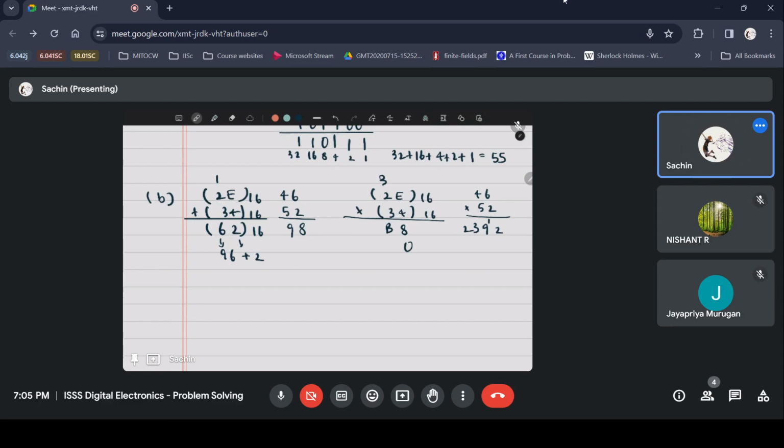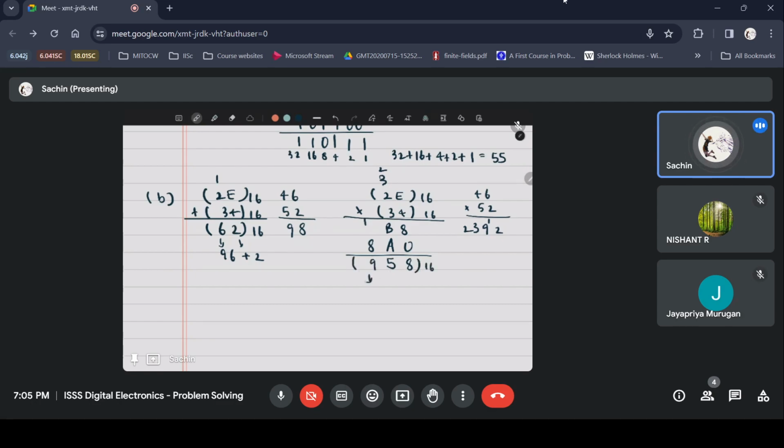0. So 3 times e is 3 times 14, 42. 42 is 32 plus 10. So it's a, and 32 is 2 times 16. So 2 is carried over. 3 2s are 6 plus 2 is 8. 8a0. So 8a0 plus b80 is 958.